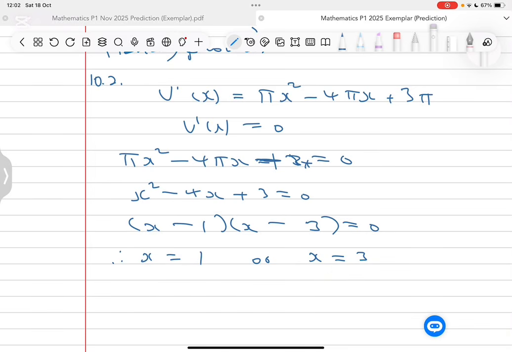But we have to test which one between these two will give us the maximum oil. There are two ways in which we can test this. So basically, these are our heights. We just want to find which one is the maximum one. The first way is to use the first derivative test.